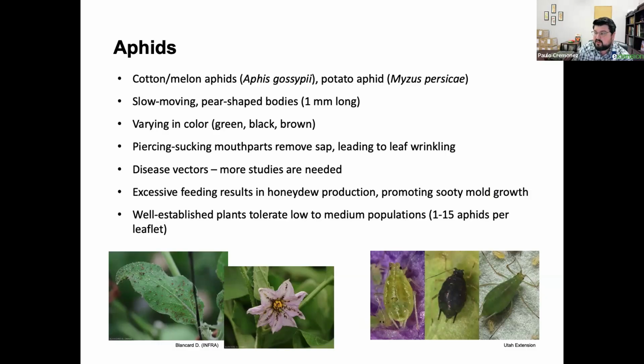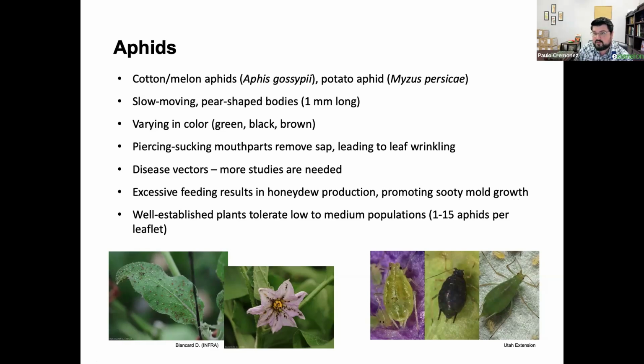They do have piercing, sucking mouth parts. They remove a lot of sap, and because of that, they will produce a lot of honeydew. That promotes sooty mold growth on top of the leaf. It turns black and it blocks photosynthesis, therefore less production. They also are vectors of important diseases.